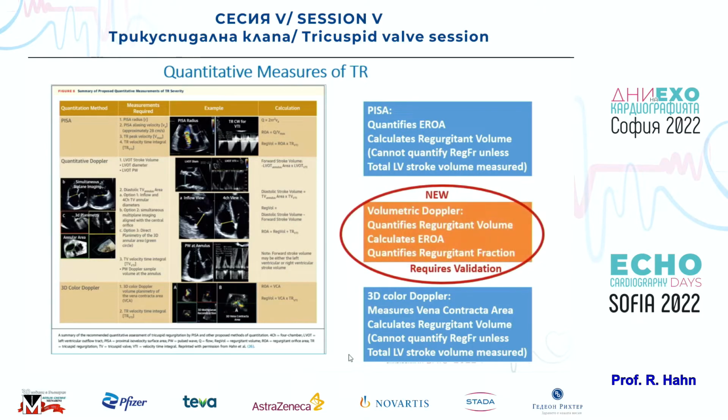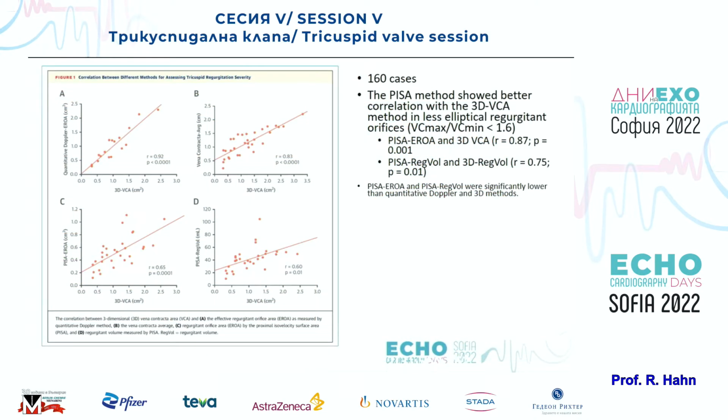But in fact, we are also developing a new method for quantifying regurgitation, and that's the volumetric Doppler method, similar to that used for mitral regurgitation, in which we can now quantify regurgitant volume, calculate the regurgitant orifice area, and then quantify regurgitant fraction. So we'll have all three components of an integrative approach to tricuspid regurgitation.